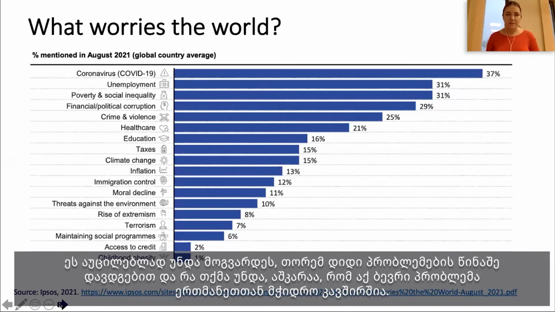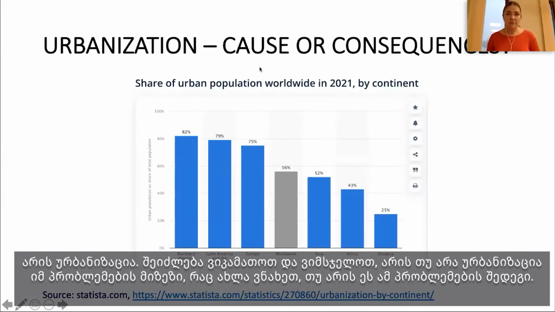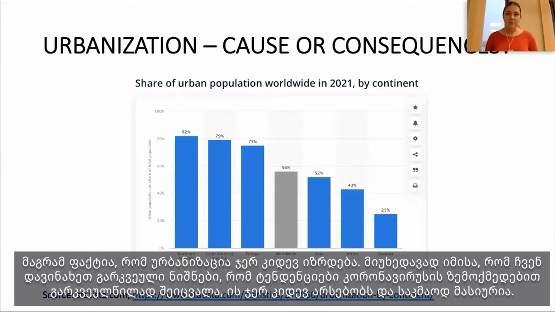So this has to be tackled. Otherwise, we are facing huge problems, and it's of course evident that a lot of problems here are closely interlinked. And there is urbanization. So one might debate and one might discuss whether the urbanization is the cause of those problems that we just saw, or is it a consequence of those problems.